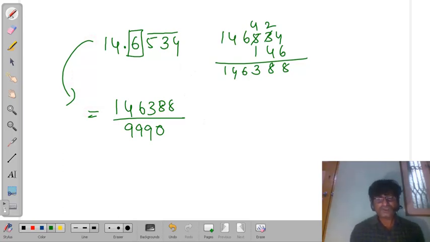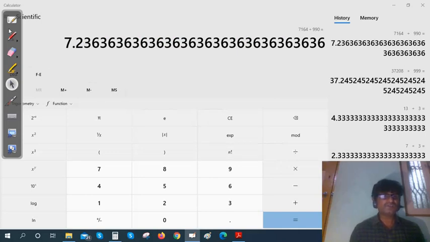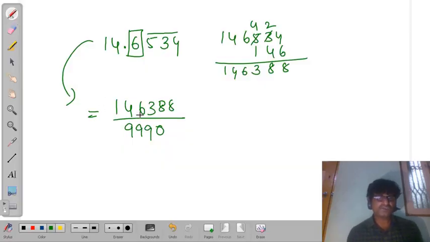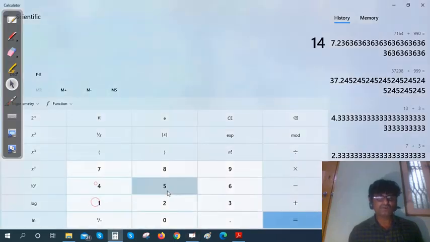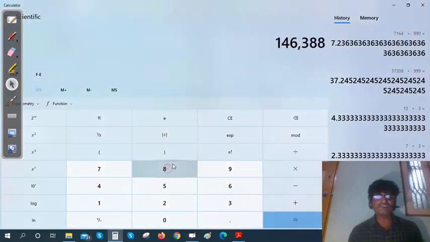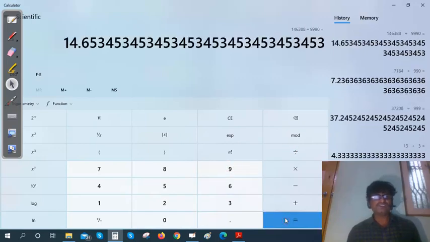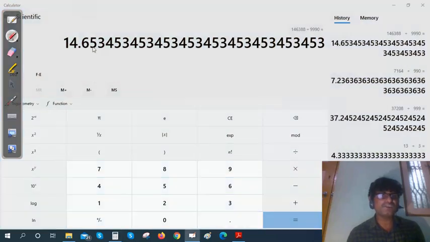Okay, let us check this one also. Actually, what we have is 146388 divided by 9990. This is equal to, now you observe carefully, 14.6534534, you see the block 534 is getting repeated.